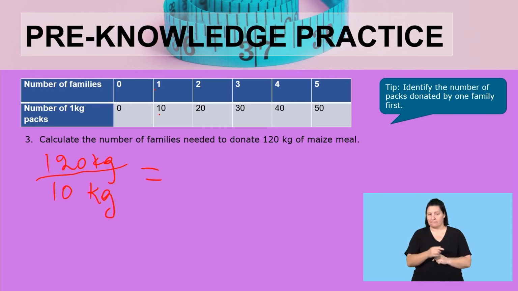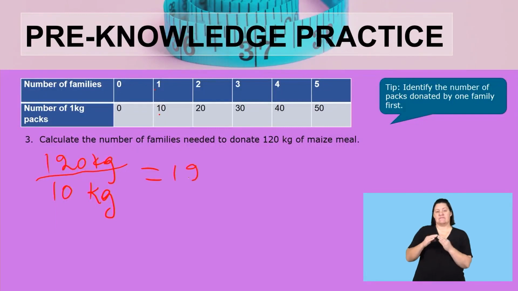So to determine the number of families needed to donate 120 kilograms, we say 120 divided by 10 and we will get 12 families because it's 10 kilograms per family. Then kilogram will divide with kilogram and we will have 12 families which should donate 120 kilograms.